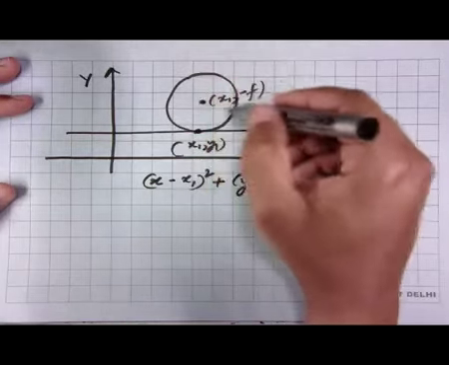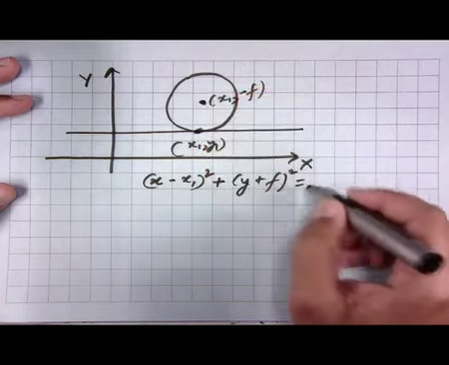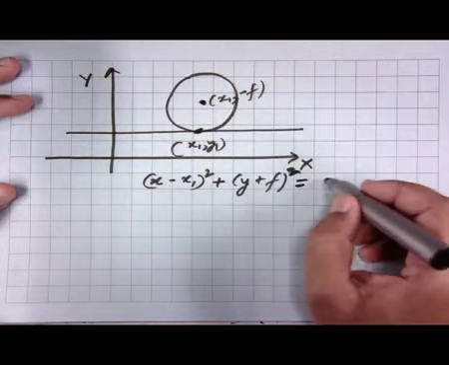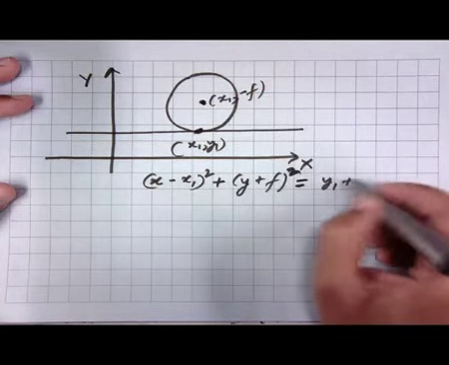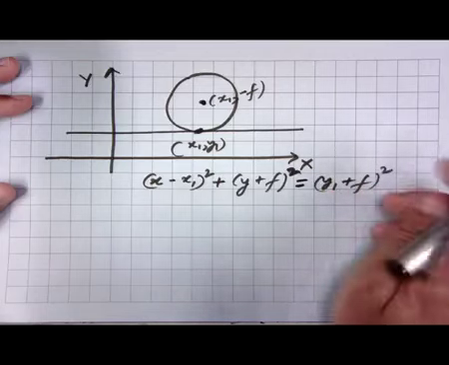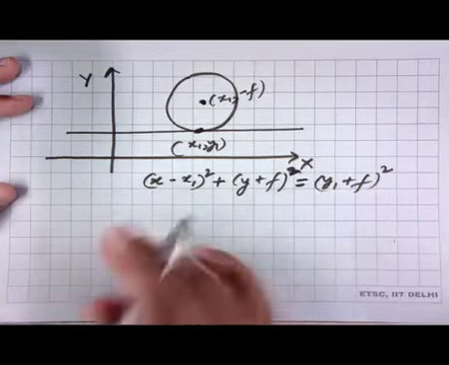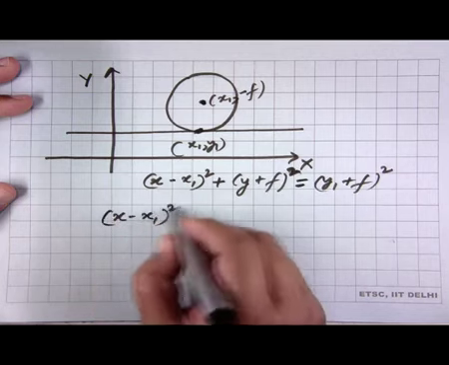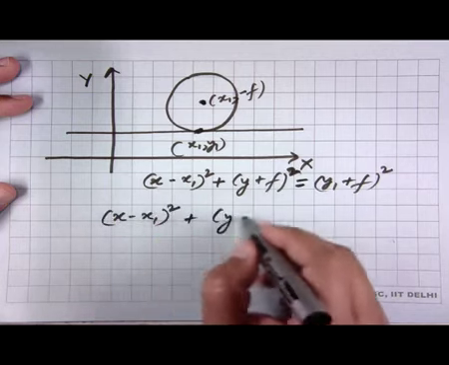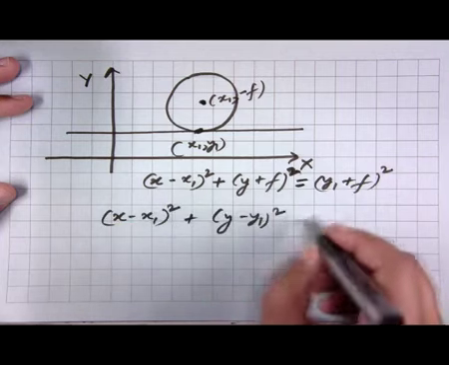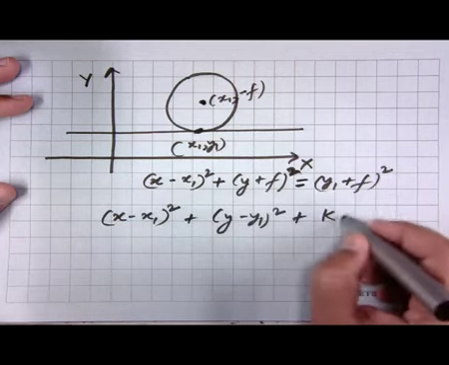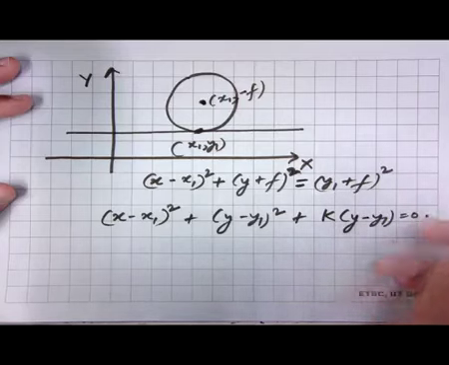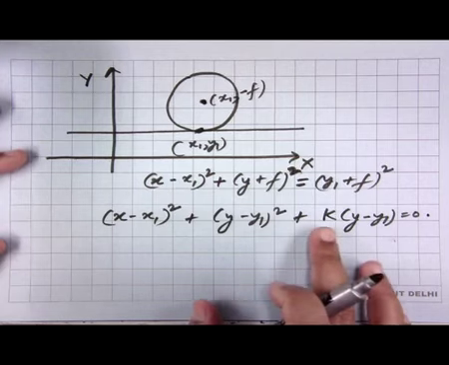The squared radius is obviously the squared distance between this point and this point, which is equal to simply y1 plus f whole square. Again, if we simplify this, we are going to get the equation of the family of circles to be of this type, where k is the free parameter.